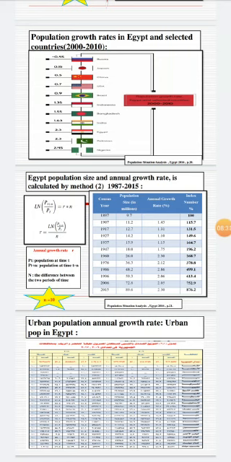Method 1 and method 2 give us the annual growth rate of urban population. Please use the table about Egypt to exercise well about the urban population growth rate, and best wishes.